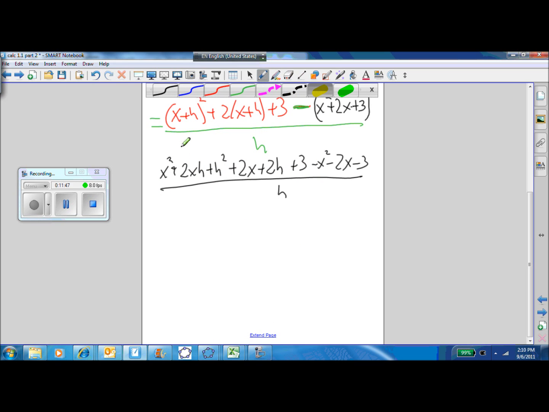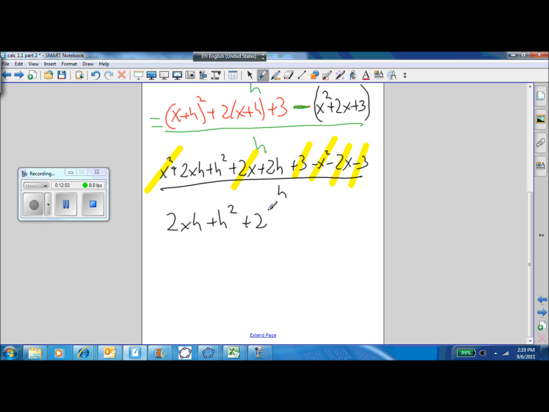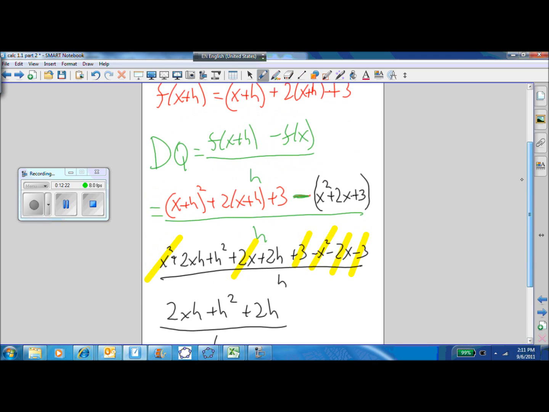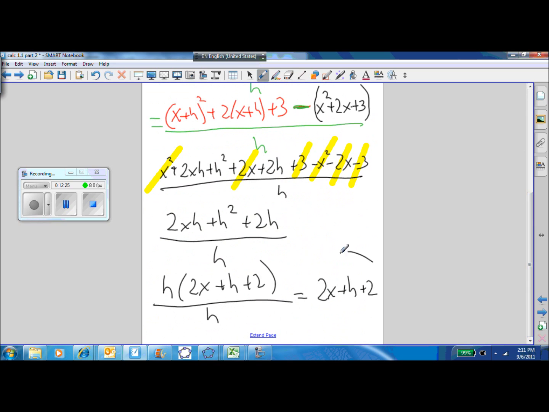We can cancel out the x squared and the negative x squared, the 3 and the negative 3, the 2x and the negative 2x, leaving behind just 2xh plus h squared plus 2h all over h. And notice how you can factor an h out of the top. h times 2x plus h plus 2 all over h. And so we end up with this fully reduced as 2x plus h plus 2. And that's our difference quotient.